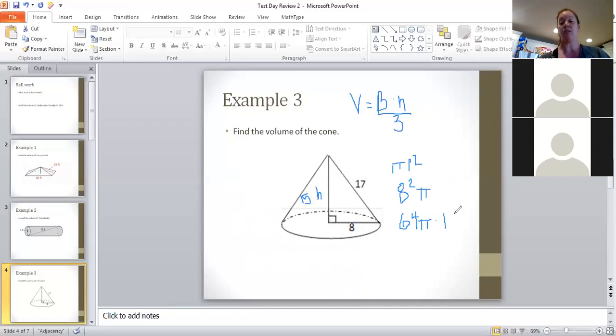So times 15 and divided by 3. Again, in your calculator, you would just do 64 times 15 divided by 3. And you get 320 pi. And this doesn't have any units, so we'll say units cubed.